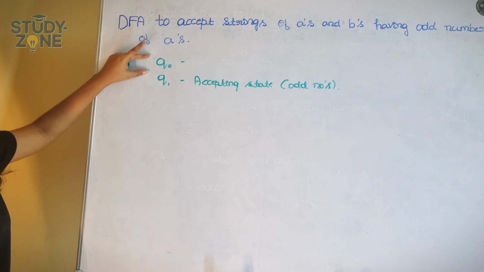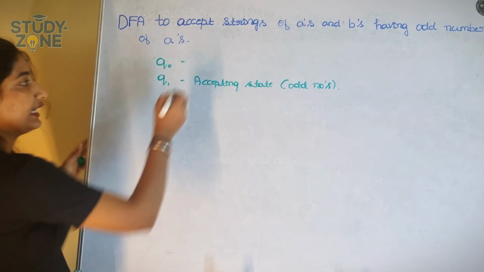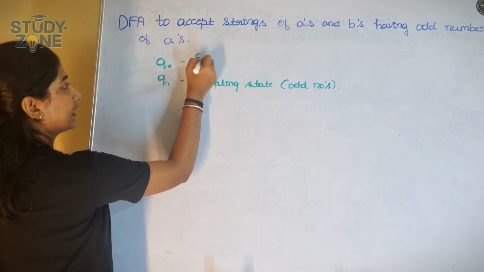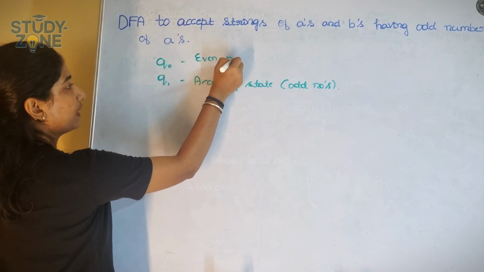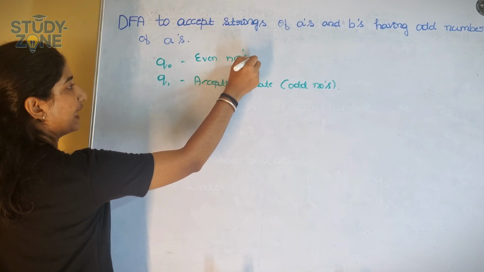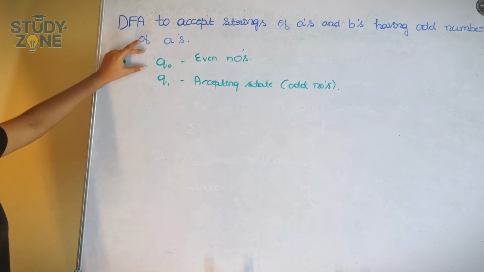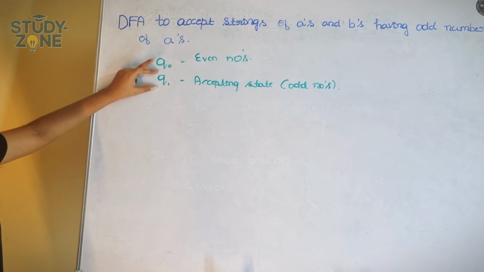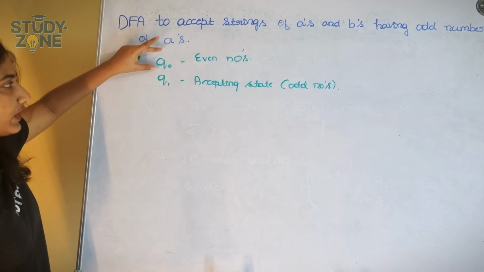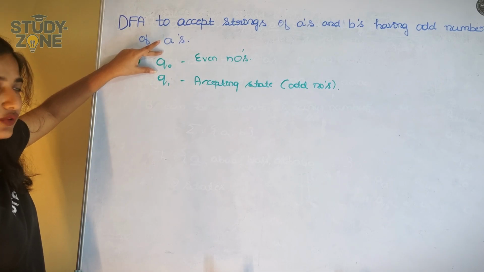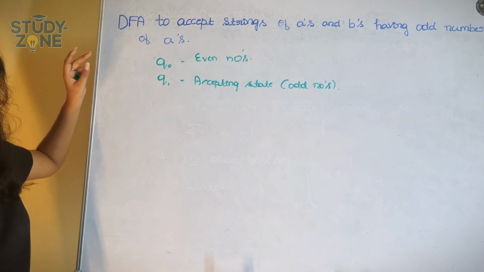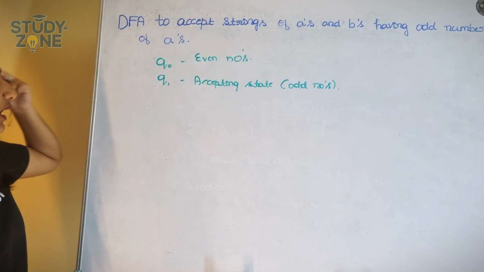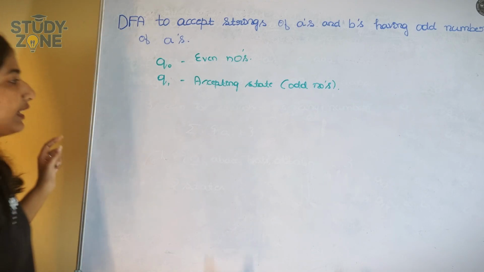So Q0 is a state which is going to have even number of A's, right? So this is the rejecting state, which means only the final state is the accepting state. So if even number of A's is there in Q0 state, then the string will get rejected. So let's write the transition diagram.